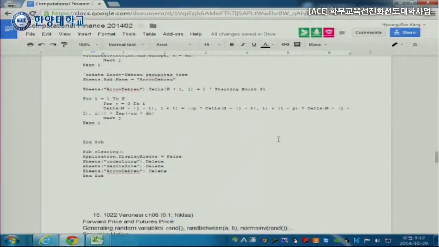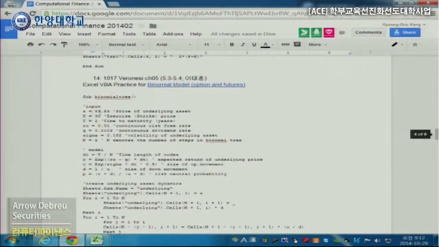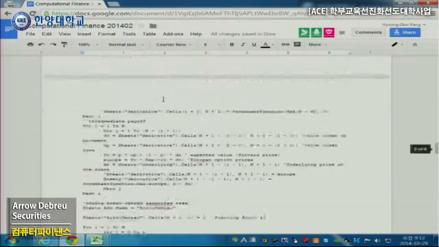Already the solution for Arrow-Debreu securities is like this. So you can just copy and paste this one.